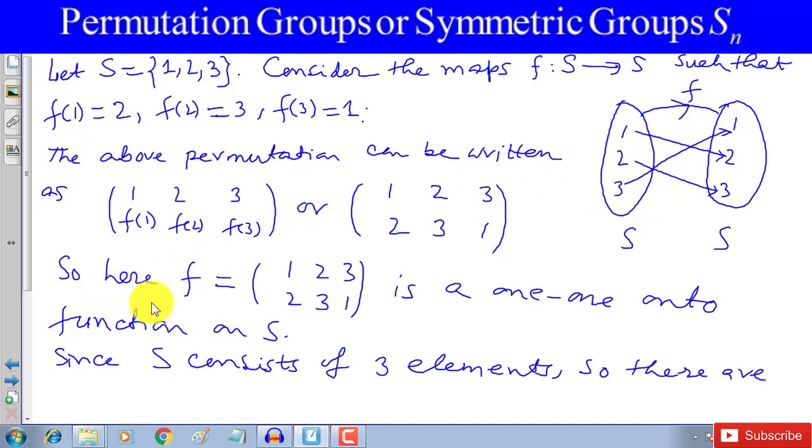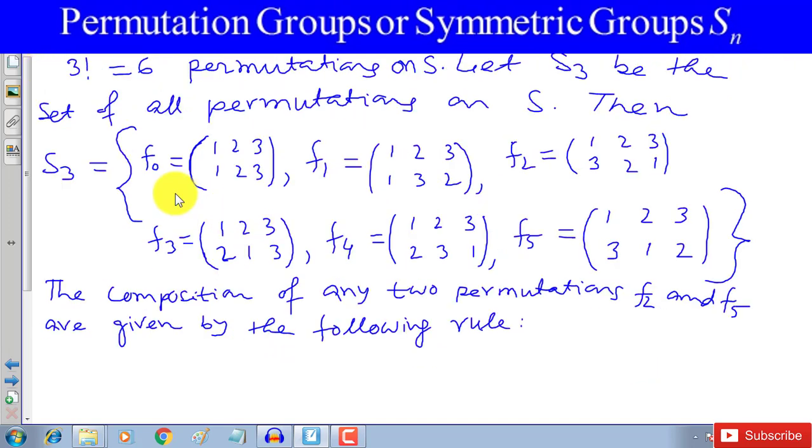So here f is a one-one function on S. Since S consists of 3 elements, there are 3 factorial, equal to 6, permutations on S.